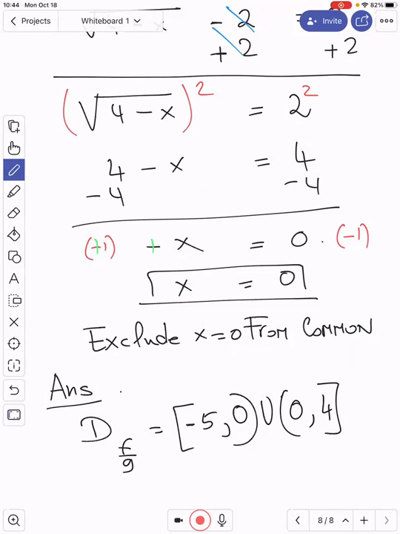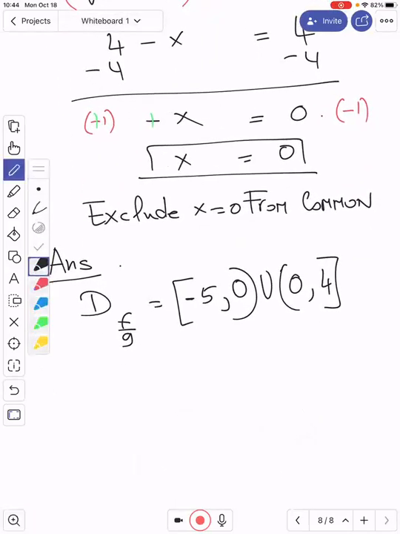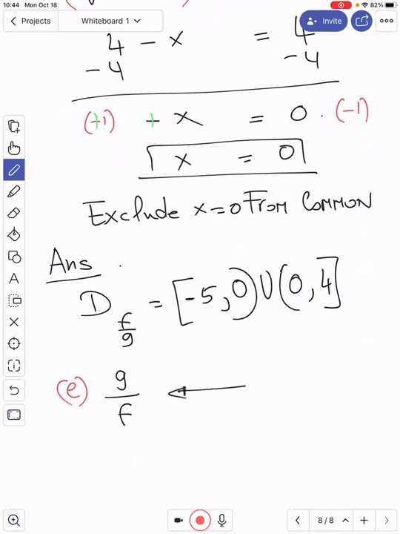For the g over f, for E, the difference between D and E is that in E, the denominator is given by f, right? So here in E, it's g over f. So in this case, we are dividing by f.